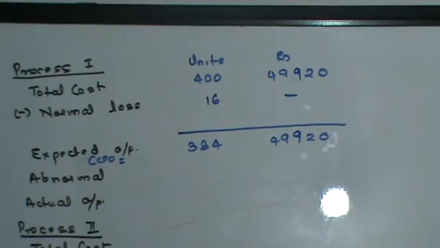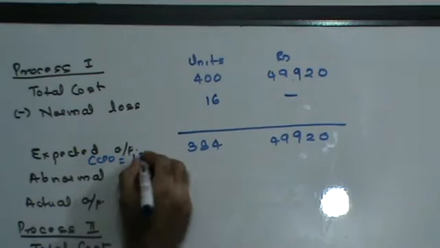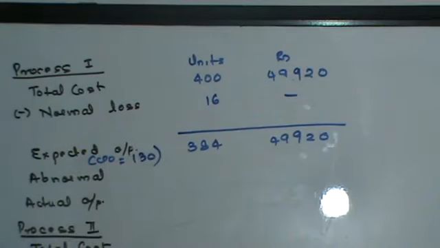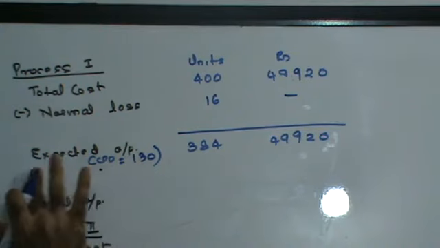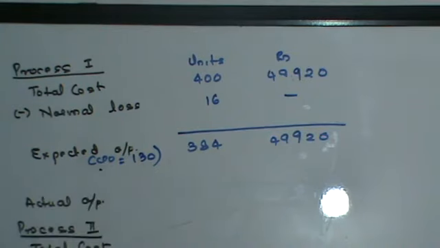Now 49,920 divided by 384 should give you 130. Should give you a CPU of 130. 49,920 divided by 384 will give you a CPU of 130.